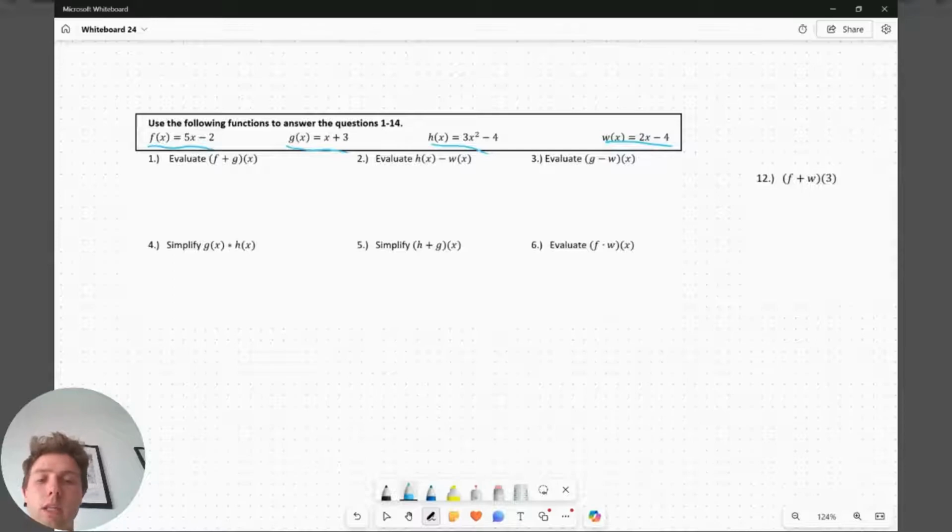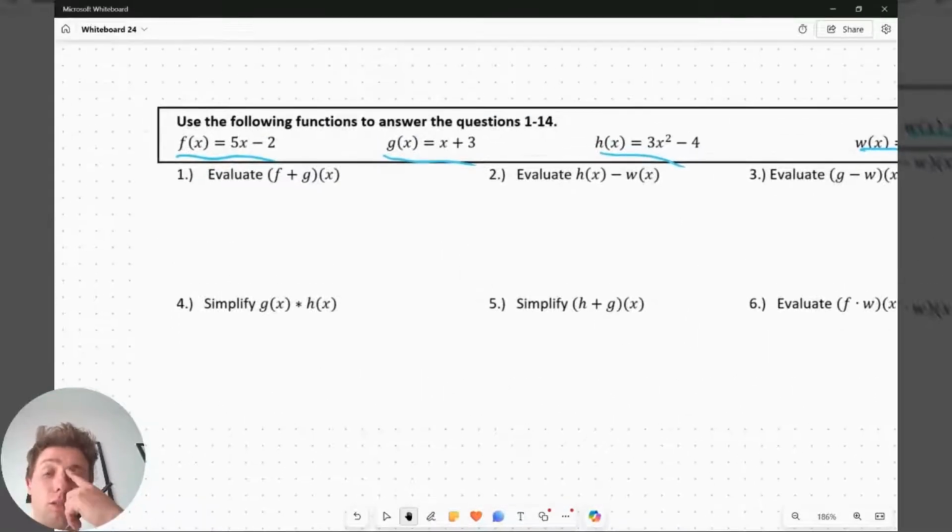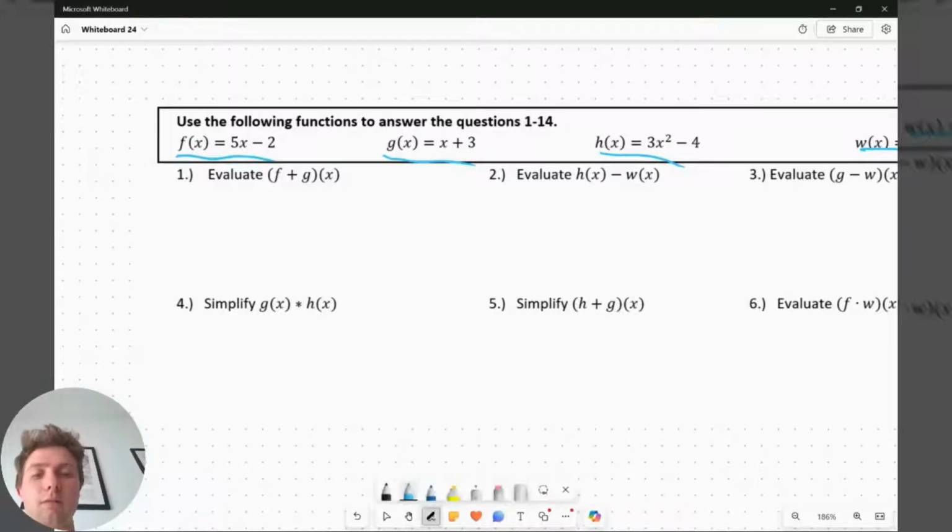So whenever you're dealing with functions, you can do these different operations. For example, number one is telling me f plus g of x. And that notation is a little weird right now. Whenever I see notation like this, where there's an x just at the end, I always like to rewrite it so that the x is next to both the f and the g.